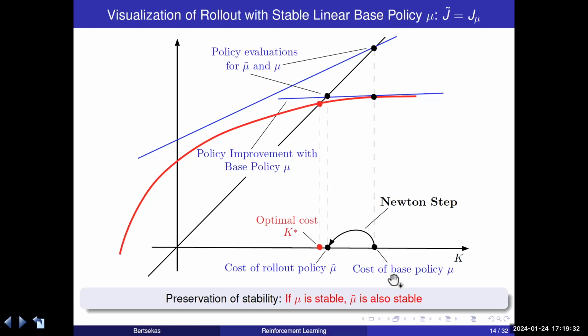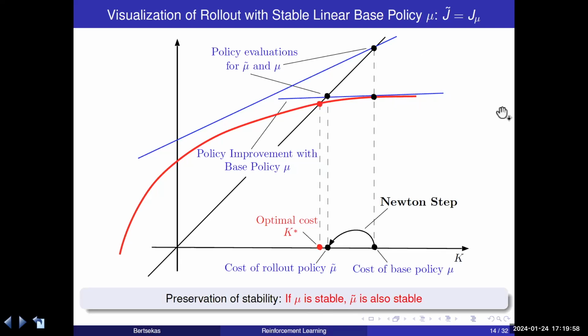Moreover, you can see from this figure that if the base policy is stable, so that it gives you some point to the right of K star, then the rollout policy is also stable. You can play around with this and see that this is true. Not only a better policy, but also a stable policy.